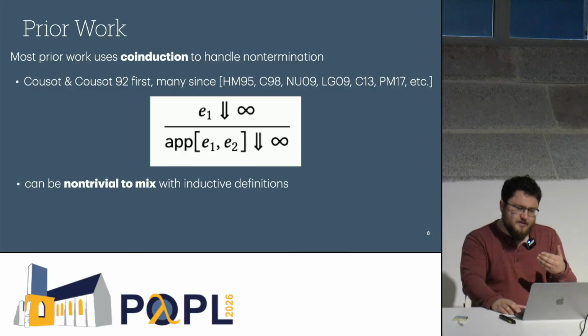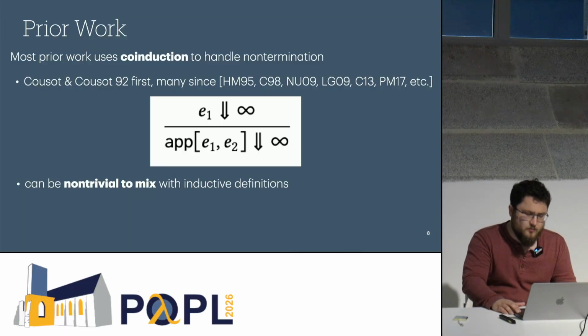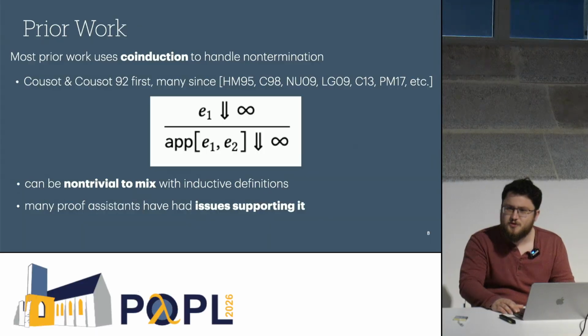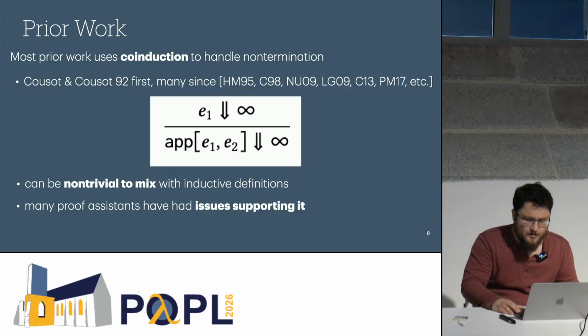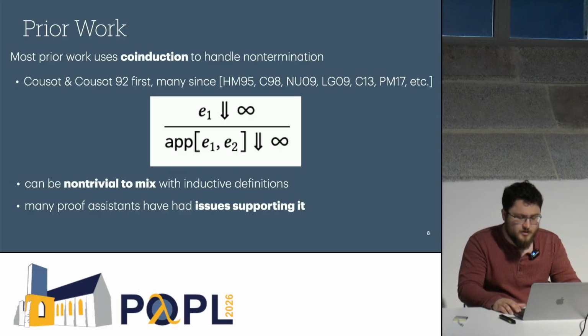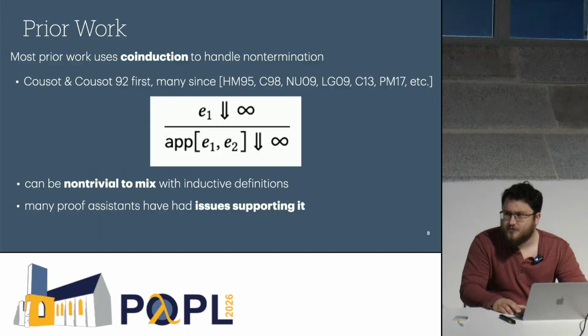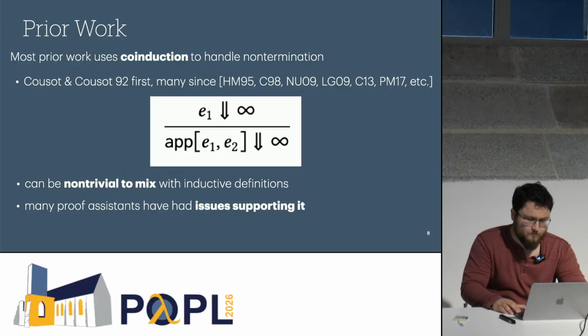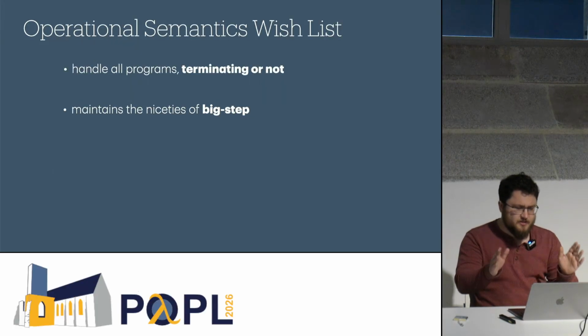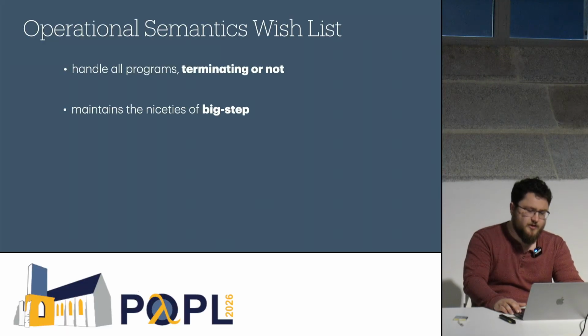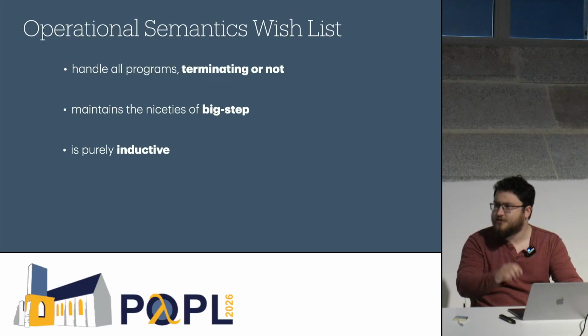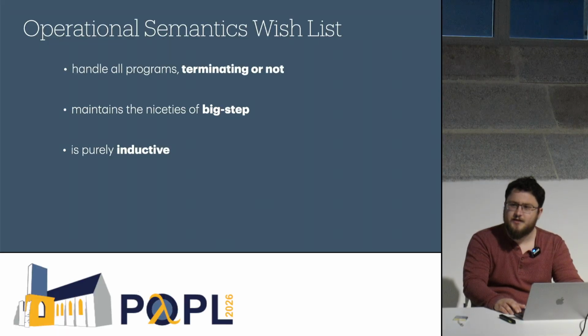And this non-triviality is also probably why many proof assistants have had issues supporting co-induction. So even if you are working in formal verification and want to use co-induction, even if you stick to the rails of your proof assistant, you sometimes need to be careful because things can go wrong. So for these reasons, it might save us some headache if we could instead pick a purely inductive system. So let's add that to our wish list.